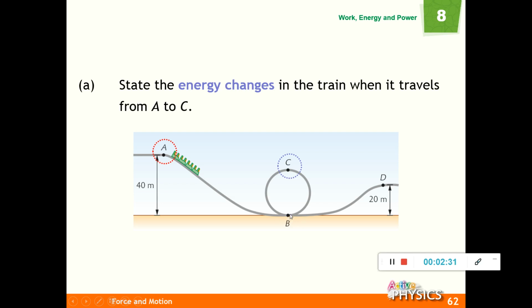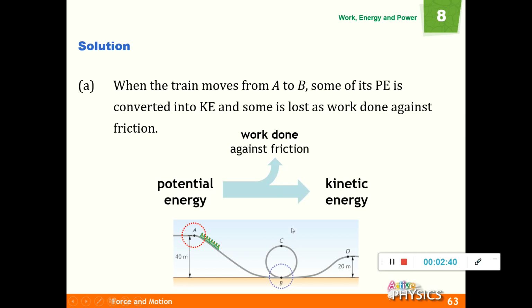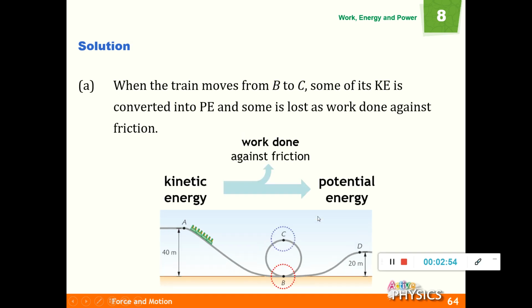From B to C, you can see that GPE gain, KE loss, and work done against friction is increasing. GPE converted into KE, at the same time converted into work done against friction. From B to C, the highest kinetic energy converted back to GPE, and also work done against friction.